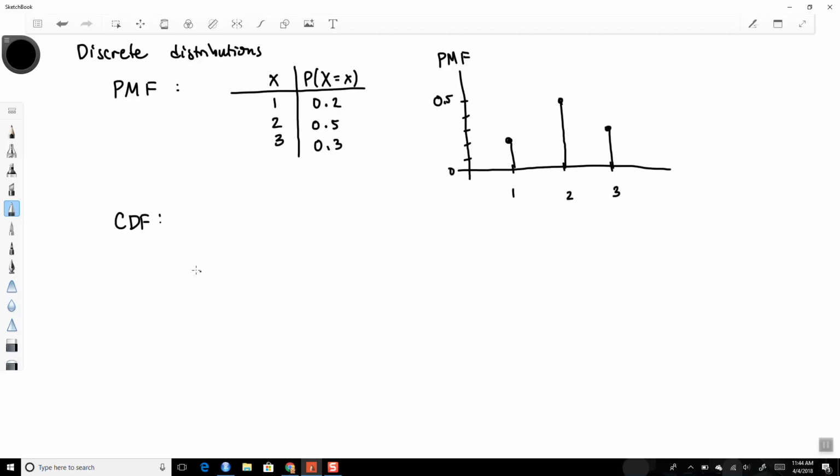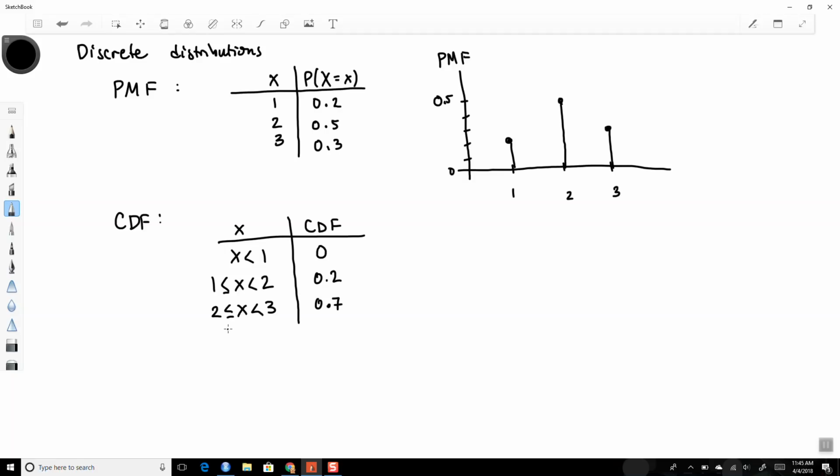The CDF then will look something like this. For x less than 1, the CDF is going to be 0. For 1 less than or equal to x less than 2, the CDF is 0.2. From 2 to 3, we're at 0.7. And for 3 and up, we're at 1.